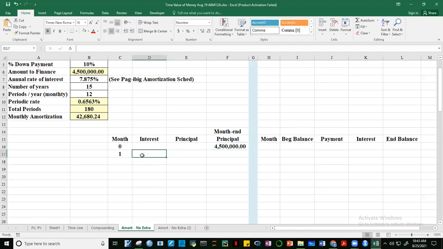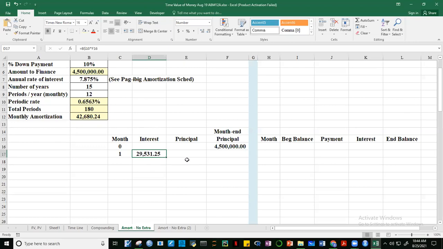So ang interest natin is equal to the monthly interest, and then we're going to fix this sa row kasi ikakopy natin pababa. And then multiply that by the ending balance. We're not going to fix this kasi dapat bumababa din yung sa formula natin pag kinopy natin. So of the 42,000 na ibabayad natin, 29,000 pupunta sa interest.